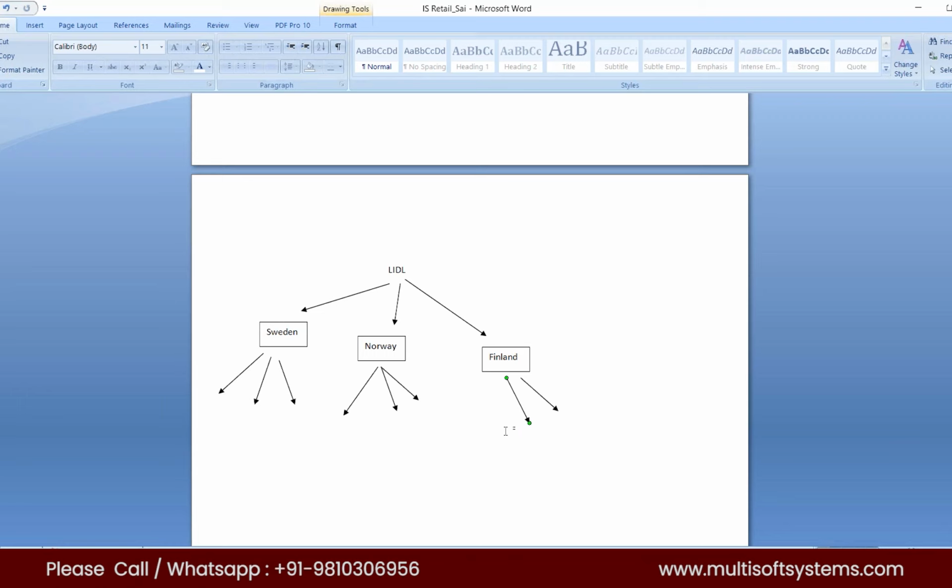So most companies will define the country as the topmost organizational structure. So Lidl as an entity has its places in Sweden, Norway, and Finland. Let's take these as the distribution chain information, and they can have multiple stores under each distribution chain. This is how the organizational structure is defined. That's why distribution chain plays a major role.